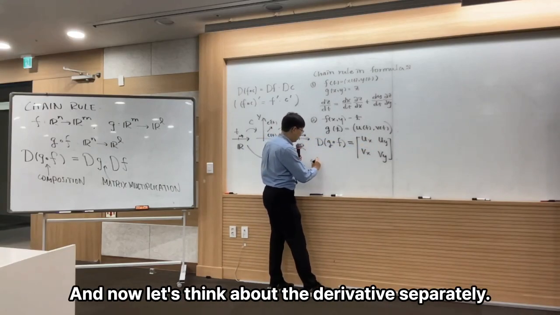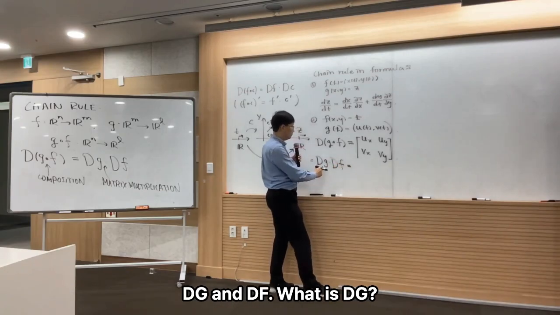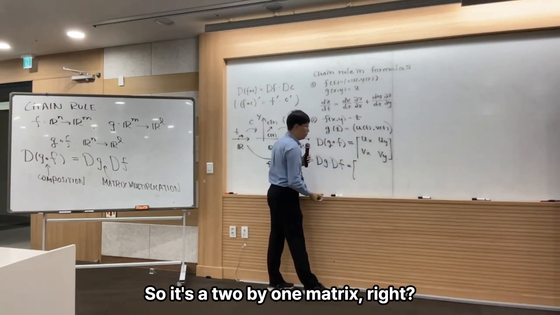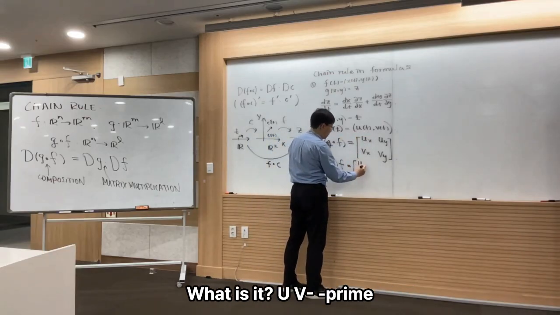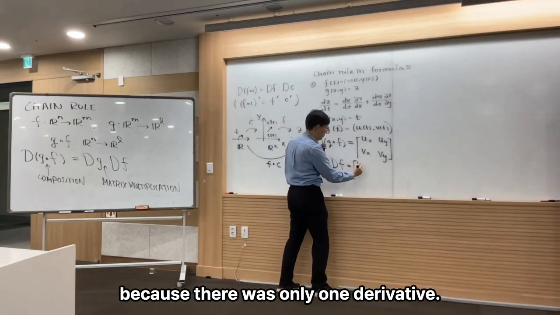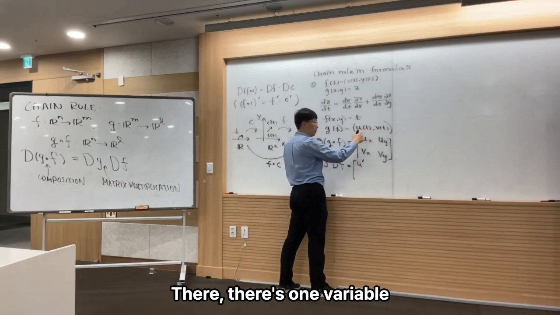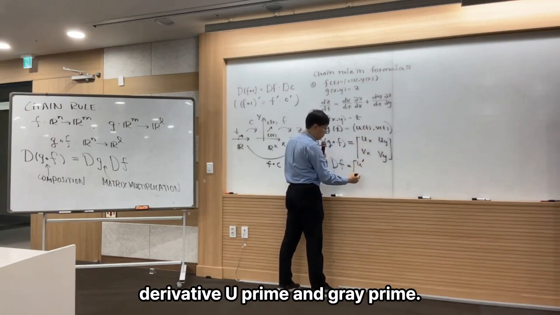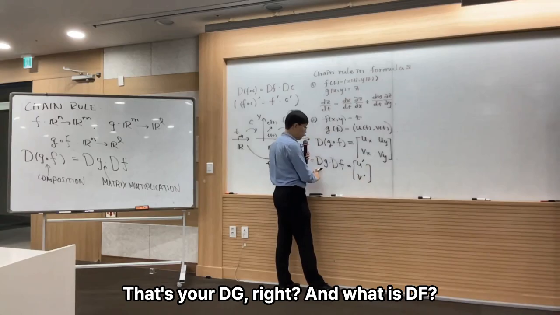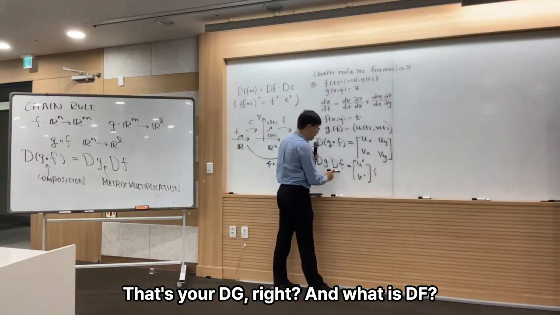And now let's think about the derivative separately, dg and df. What is dg? It's a 1 to 2 function, so it's a 2x1 matrix, right? What is it? U prime and v prime. Because there is only one variable, the only derivative is just the normal derivative, u prime and v prime. That's your dg.